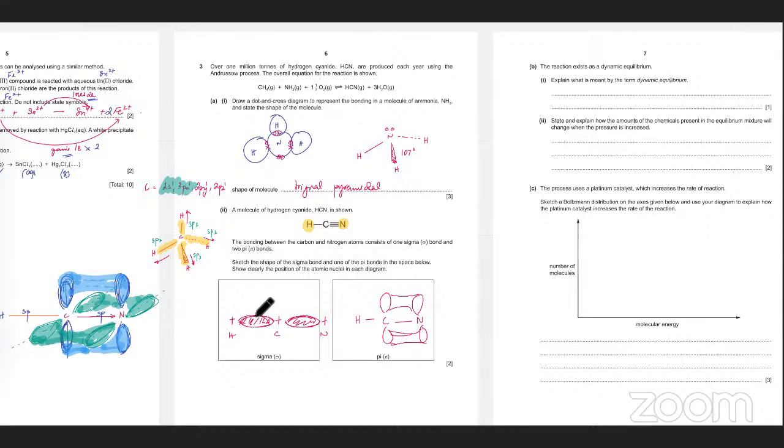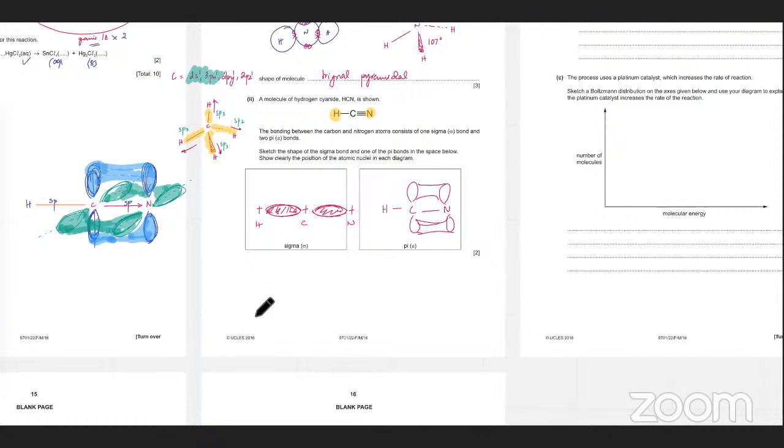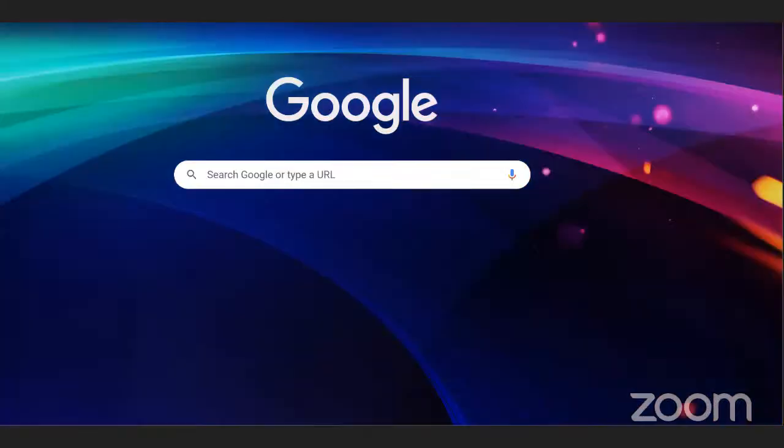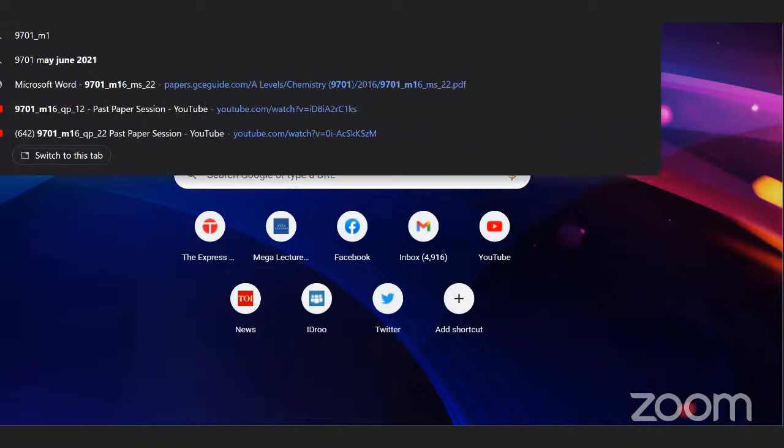That's it. And let me just check what kind of drawings they were expecting. In this case, I'm quickly opening the marking scheme to just confirm.